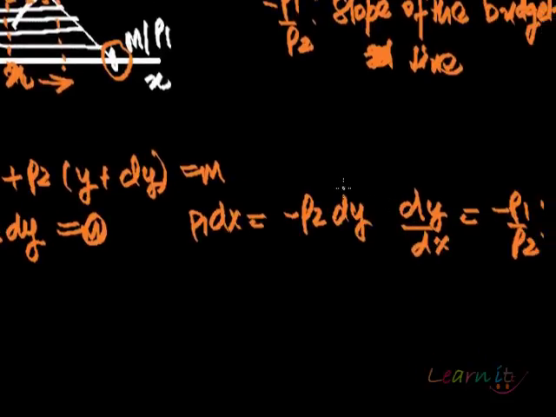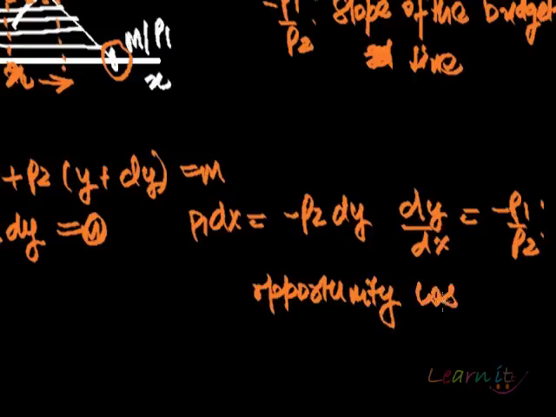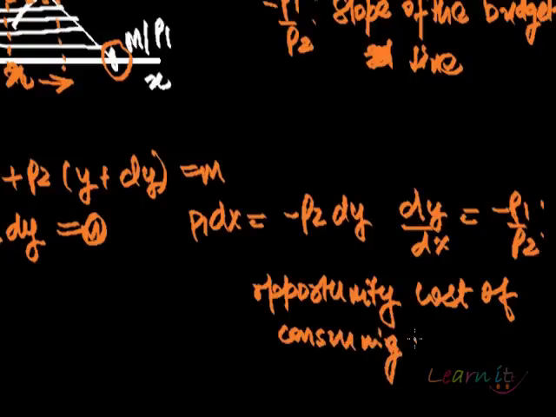Because of that, this is also called the opportunity cost of consuming x, because it tells you how much of y you need to give up in order to consume more of x. This is the economic interpretation of the slope of the budget line.